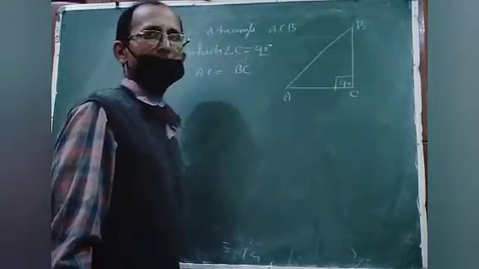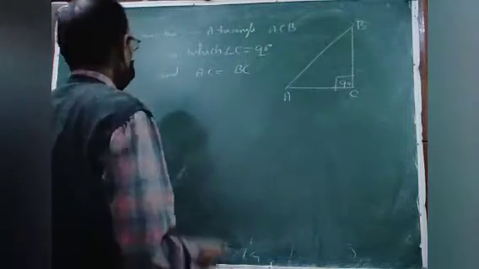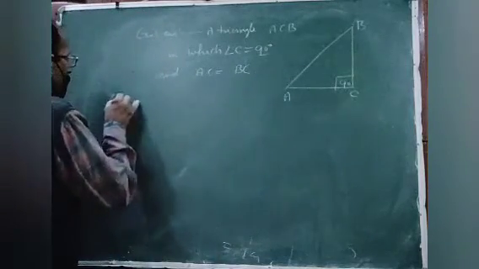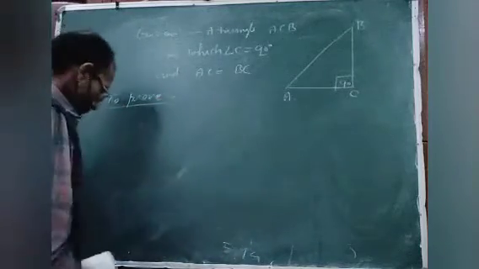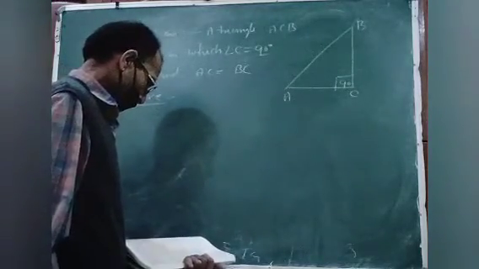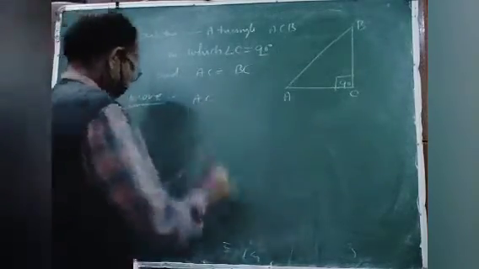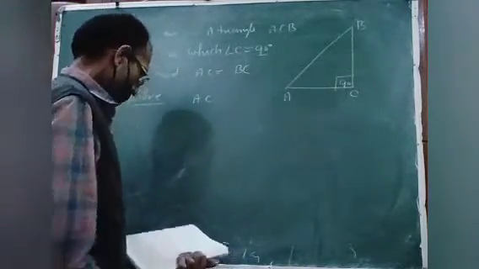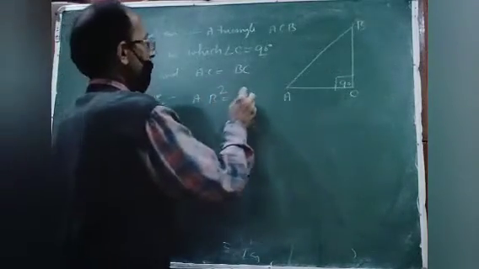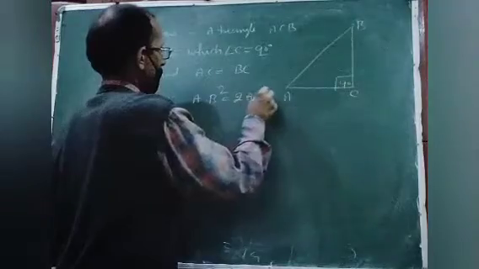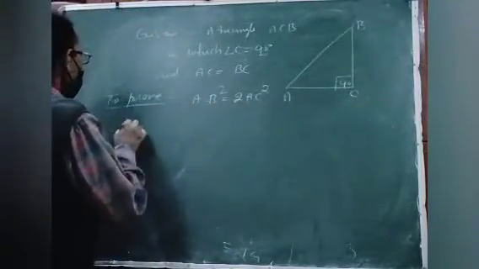This can't be equal to other sides, so AC is equal to BC. Now to prove, we have to prove AB square is equal to 2AC square.